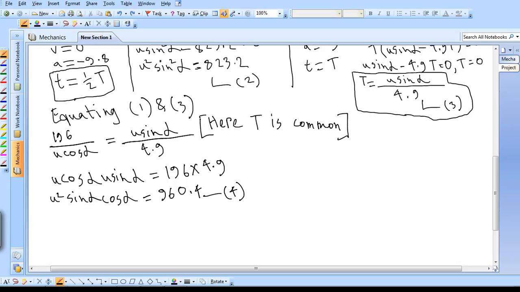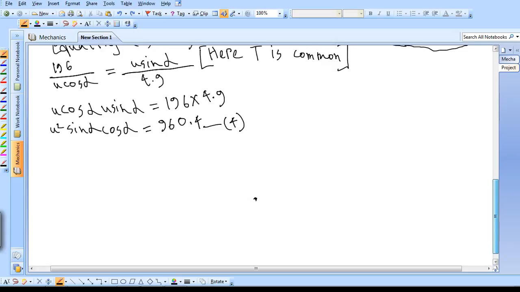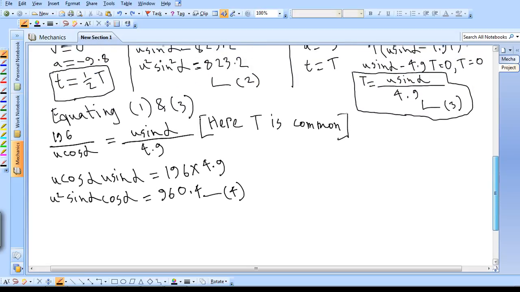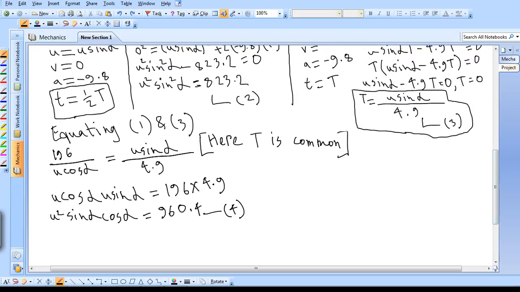So let us now look at equation number 2 and equation number 4.